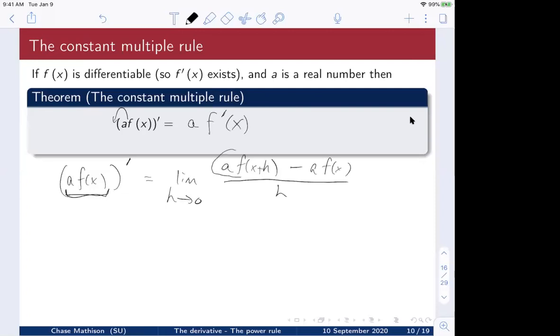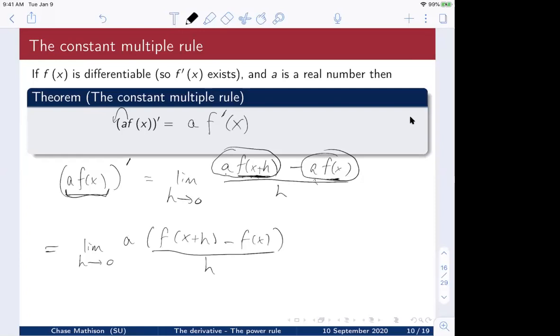And so what do this term and this term have in common? a f of x. Yeah, exactly. They both have not quite an f of x because x plus h inside this guy messes that up a little bit, but they both have an a out in front, right? So I can factor the a out. So this is a times f of x plus h minus f of x all divided by h.